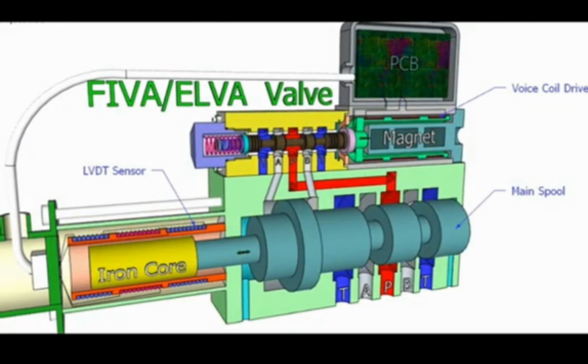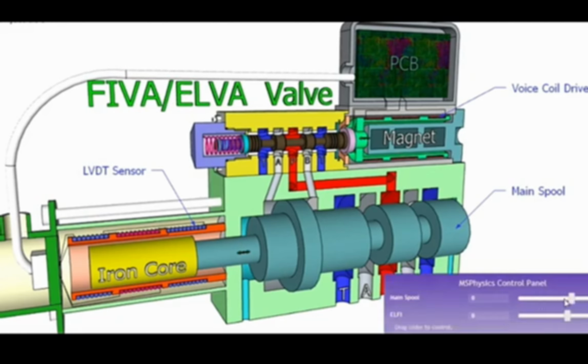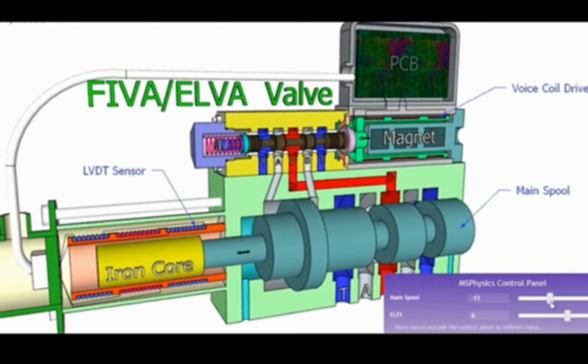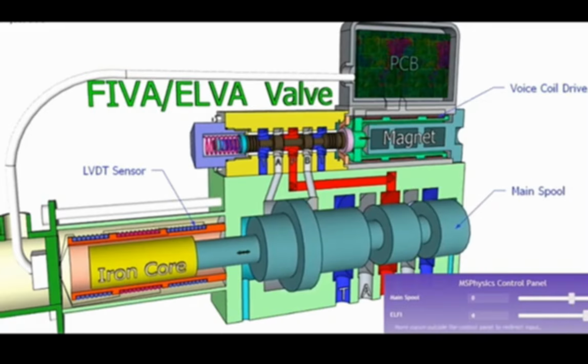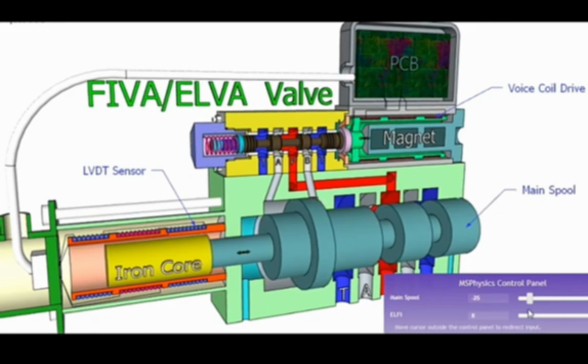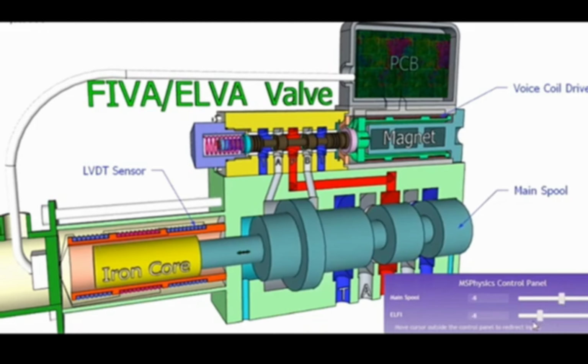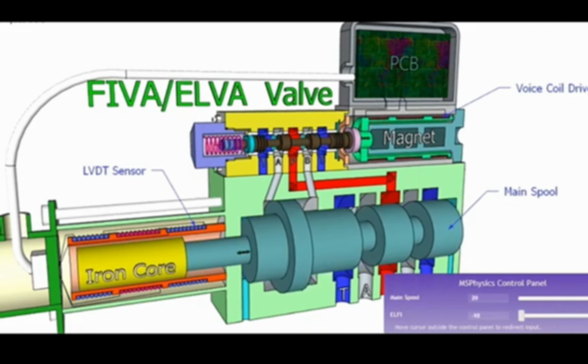Now in this picture you can see that the LV valve is operated by a voice coil drive. Through that we can move the pilot spool, and the pilot spool will allow the high pressure oil to the main spool, and the main spool will move up and down, so that we get the passage of oil flow to the high pressure booster.